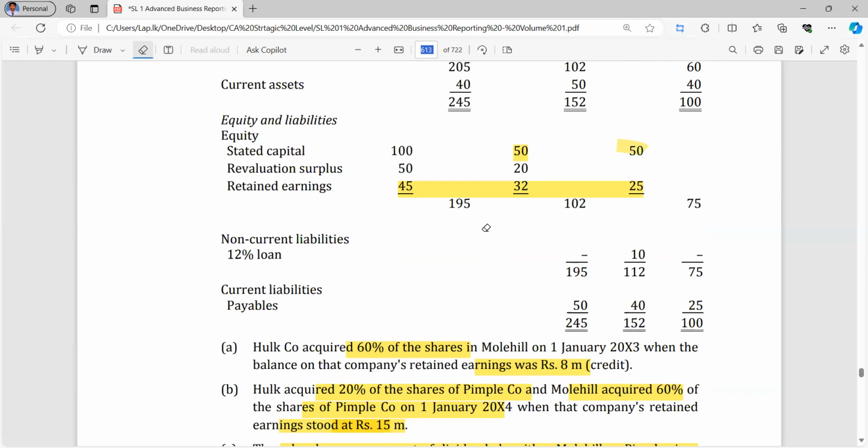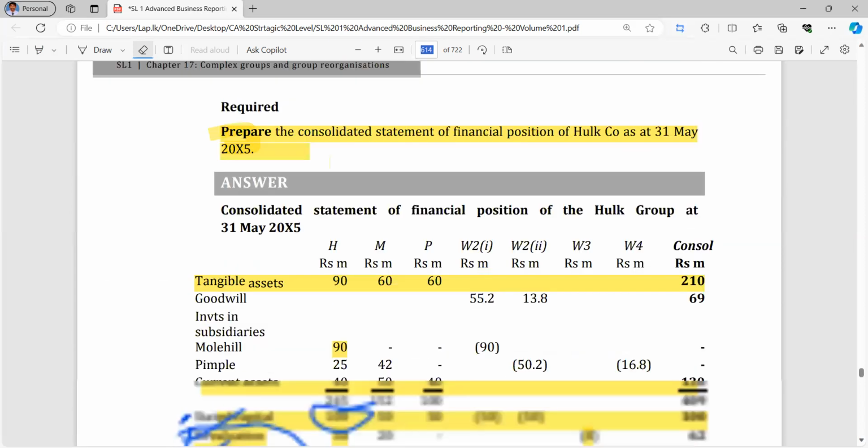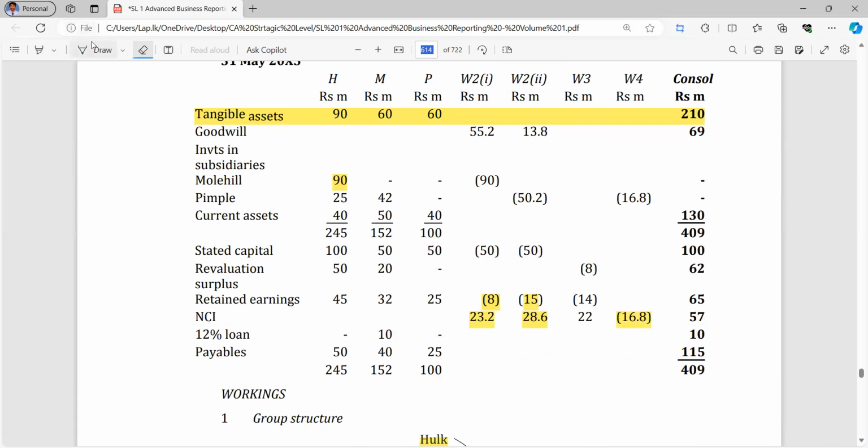That is 9.6 plus, again you have 25 minus 15 into 44% NCI. Again 4.4, 9.6, altogether 14. That's why the retained earnings is debiting 14 here. And the revaluation is also debiting 8, and that goes to the NCI because that portion belongs to NCI holders, right?